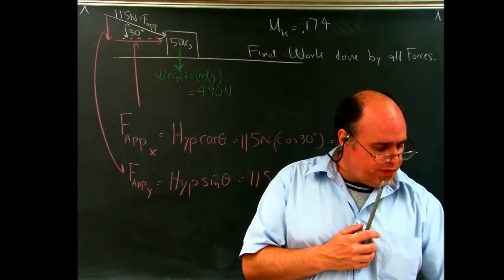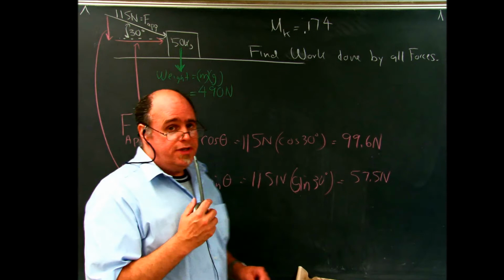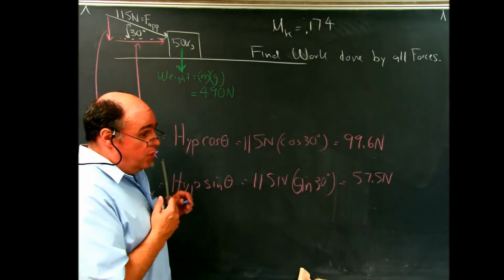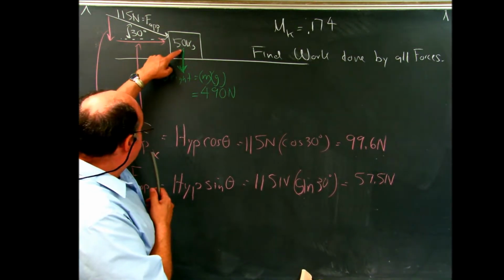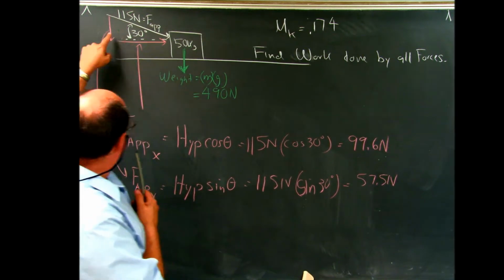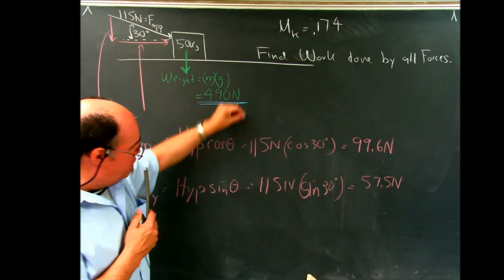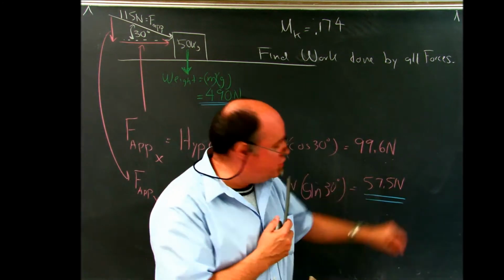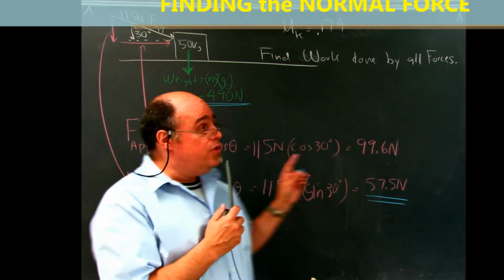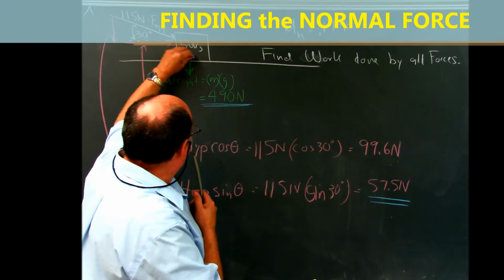If I wanted to know what the normal force is on this object here, I'd note that the weight is pushing it down into the ground. But so is this piece, the vertical piece. So this is pushing it down into the ground, and this is also trying to push it down into the ground. If I add those two together, I'll figure out how much the ground is pushing up on it.